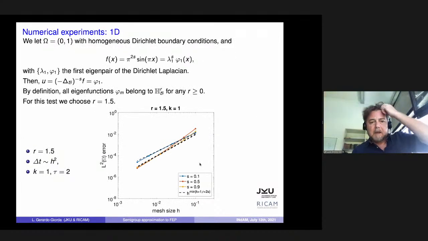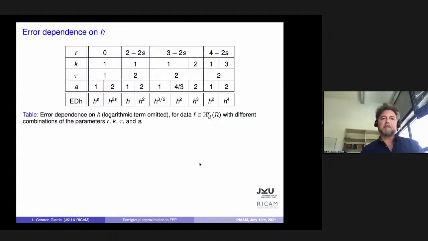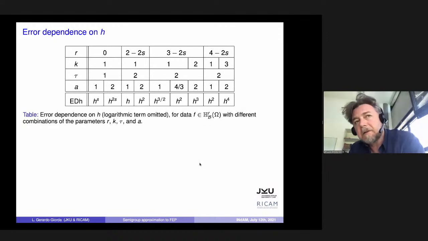Now, this theorem is a pretty big beast, but what is it actually telling us from the practical standpoint? There is actually a dependence of the error, if we omit the logarithmic term, for those specific values of r, on the combination of k, which is the order of the finite elements, tau, which is the order of the scheme in time, and A, which is the power to which you raise h to get delta t.